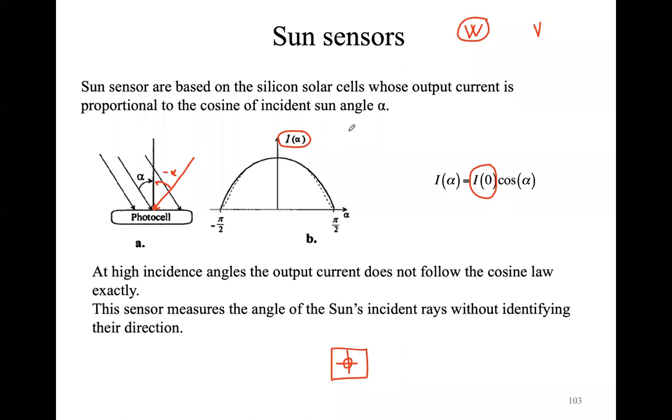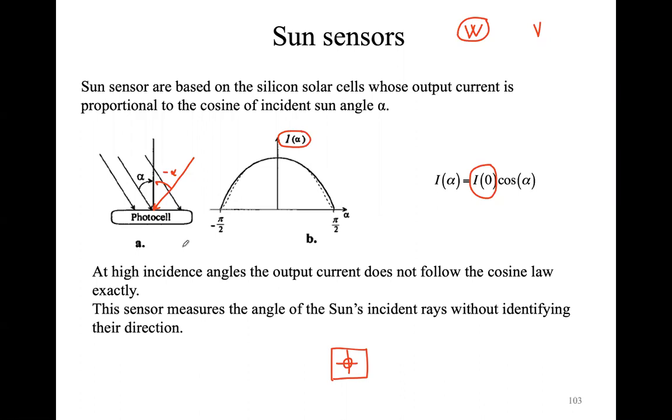The reason why they are simple instruments is because, for example, we have seen that the simple design of a sun sensor is the configuration of a photocell. You use a photocell to determine the current coming from the irradiance of the sun.